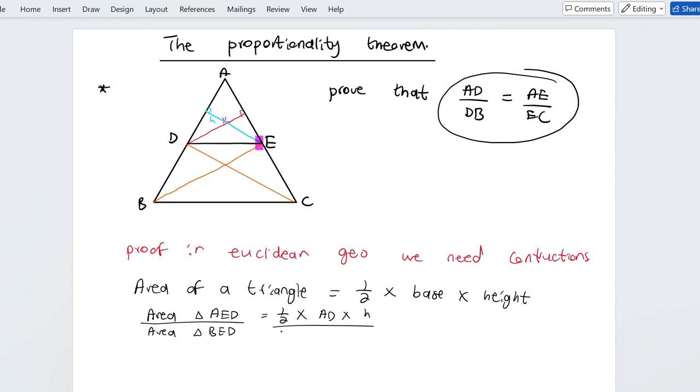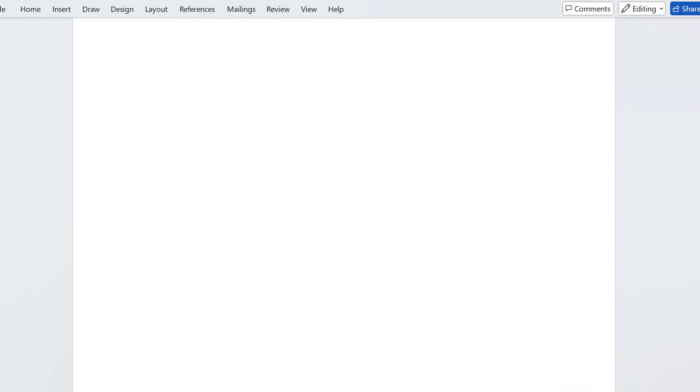So the area of triangle BED is half, the base of triangle BED is BD or DB, that doesn't matter, multiplied by the height. Half will cancel the half, H will cancel H, and we come to the conclusion that it is equal to AD over DB.